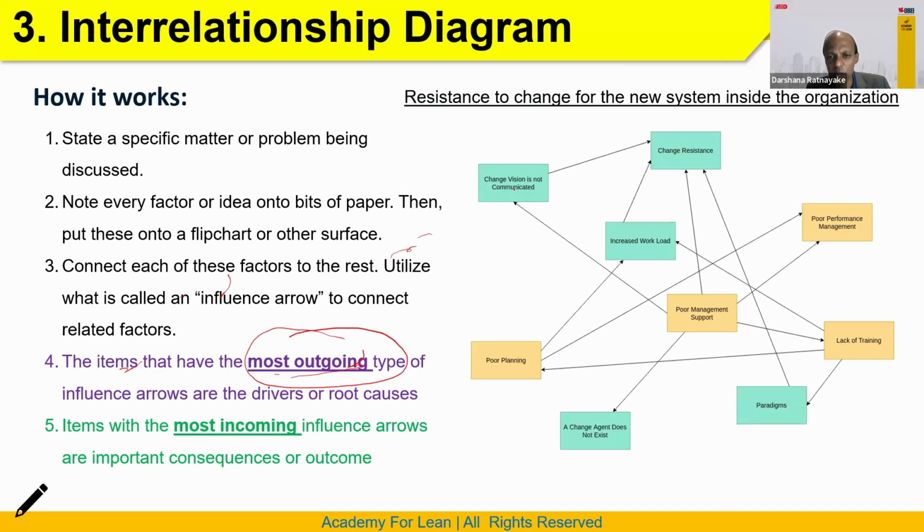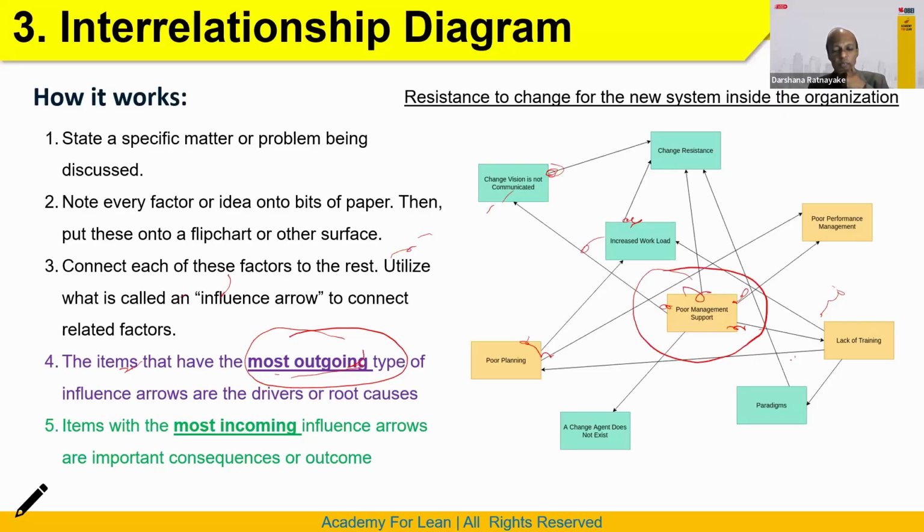This one has one arrow outgoing. Here, 1, 2, 3, 4 arrows. Here, one arrow, 2 arrows. Now, in this one, we have the most outgoing arrows.